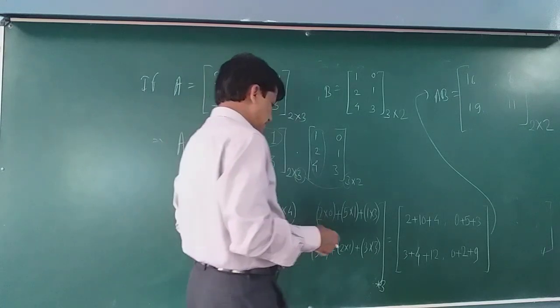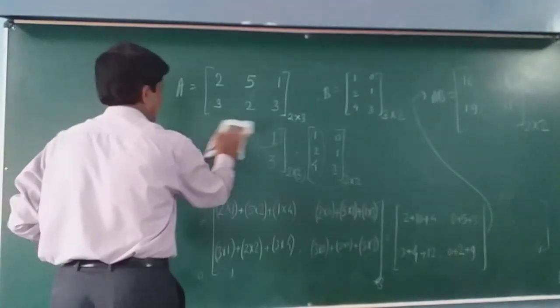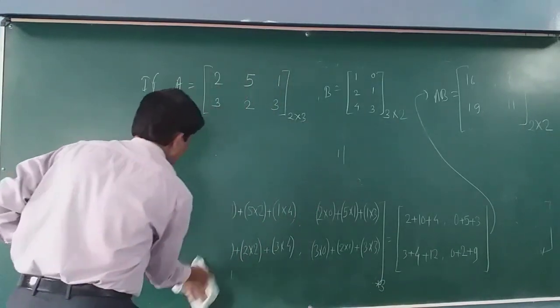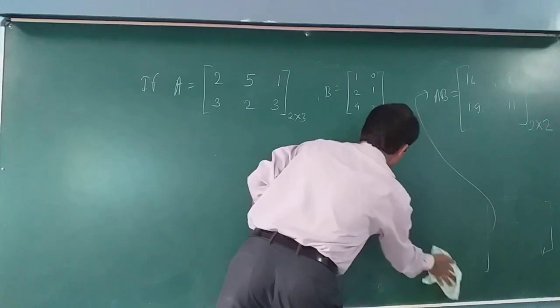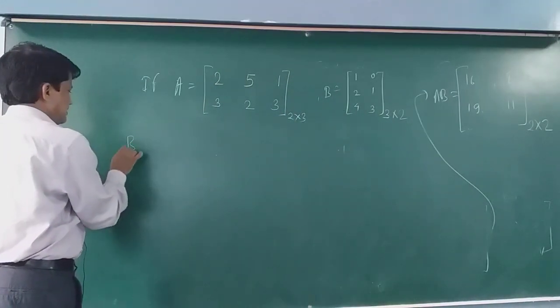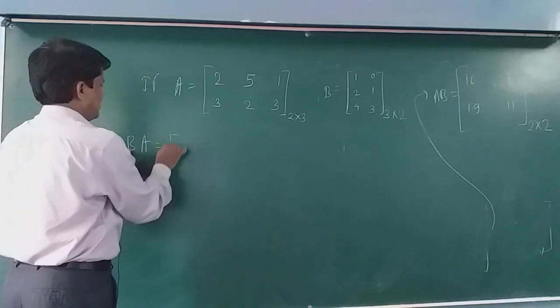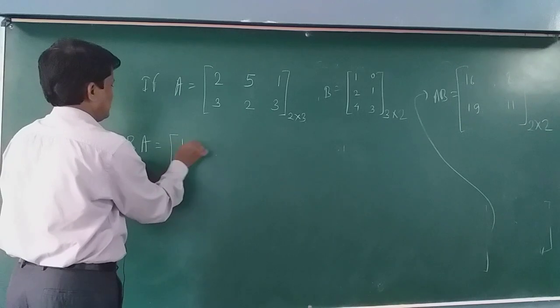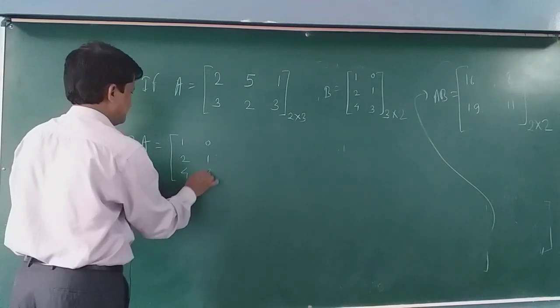Let us find BA also, because our question is to find BA also. For the BA we should write here. Now for BA, what is our B? B here is 1 0 2 1 4 3.